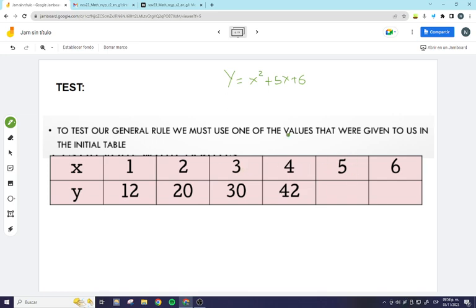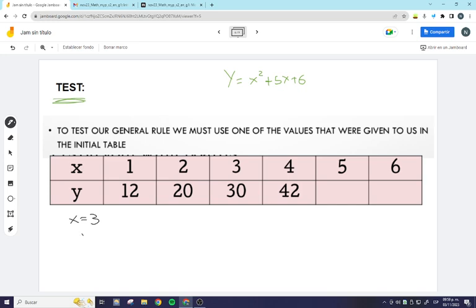We can't use positions 5 and 6 to test because they were not given. Those are used to verify in the next step. So let's select any of these. I am going to pick position 3, so x is going to be 3. Let's take the general rule and replace the x with 3.